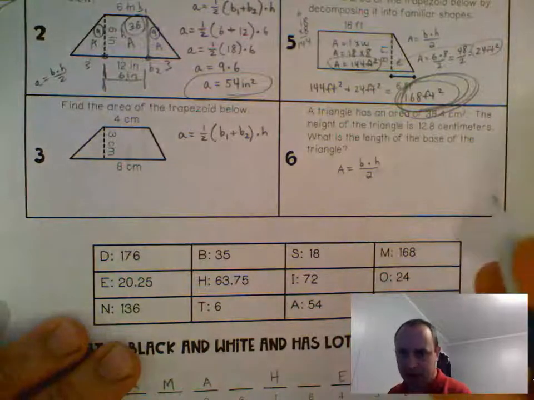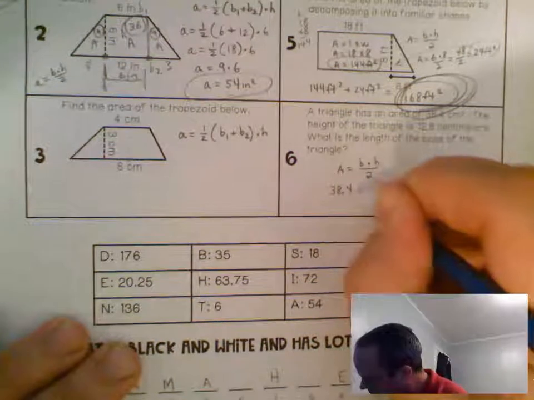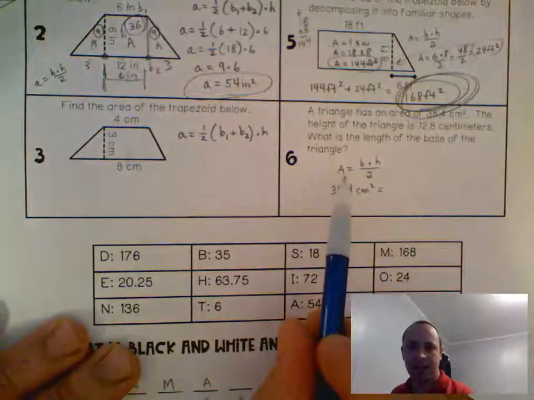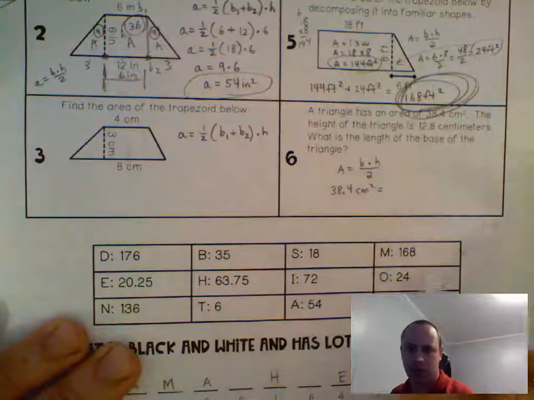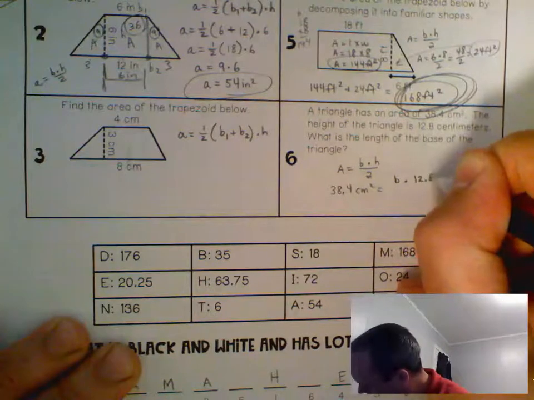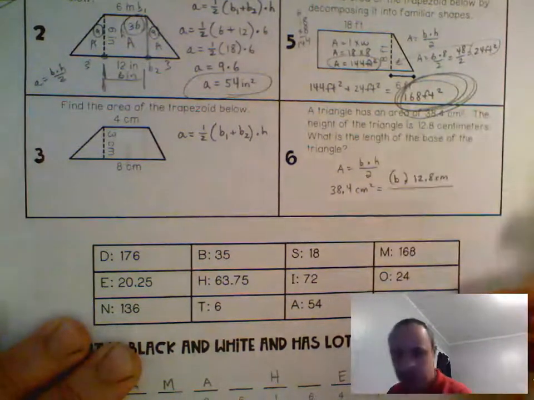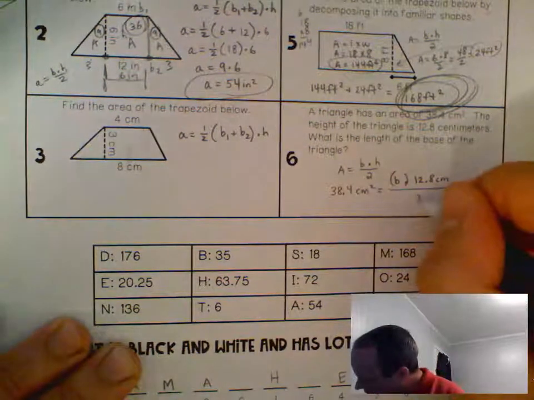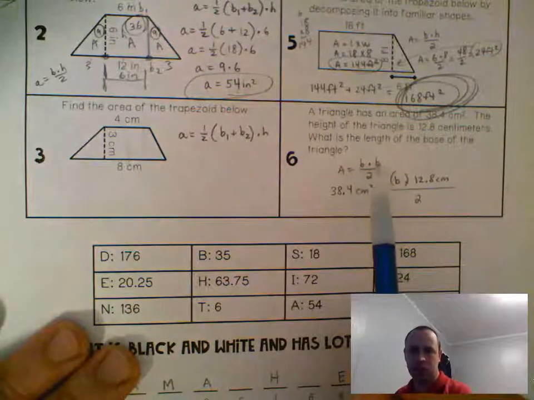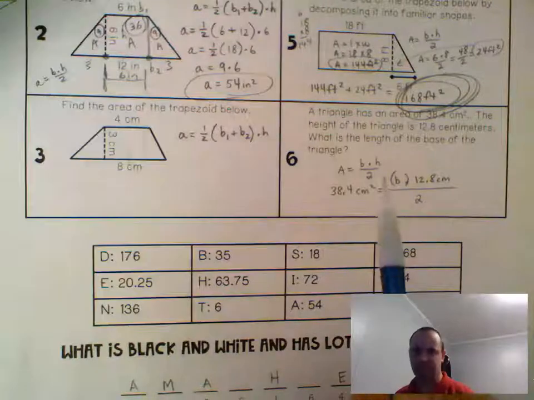A triangle has an area of 38.4. So they're giving you the A. The height of the triangle is 12.8 centimeters. Okay, and they want you to know the base. So they don't give you this. They give you this number, right? What is the length of the base?